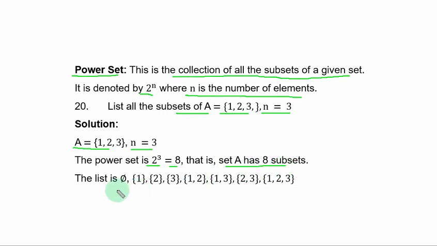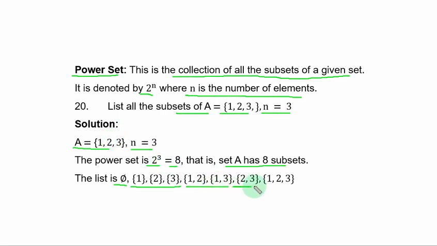The list: the first subset is the empty set. Then you take the individual elements, that is 1, 2, 3. After that, you pair the first element 1 with 2 and 3. You have it in this form. You pair the second element with the third element.